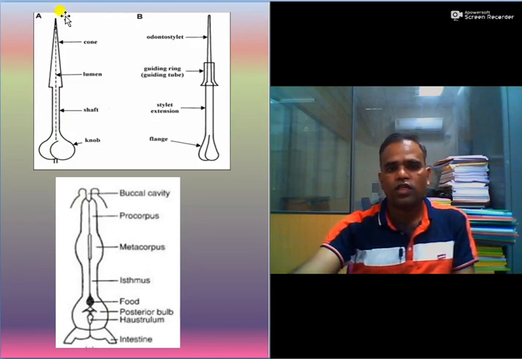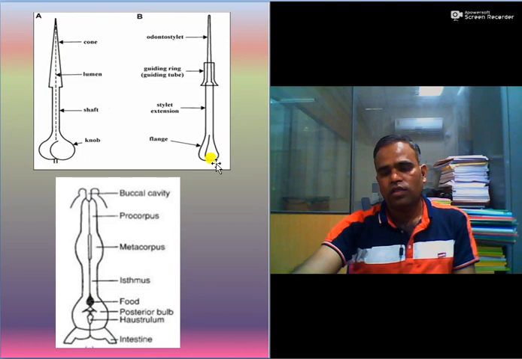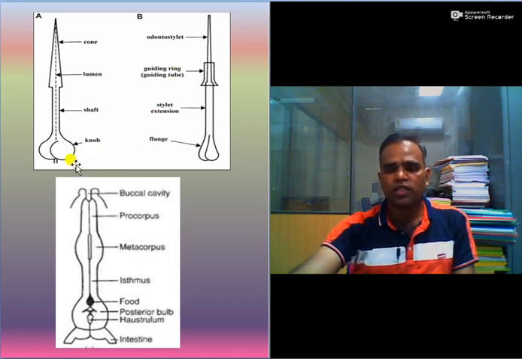So this is the stylet, the knobbed stylet. It is called a stomatostylet. The one which has no knob, with a flat structure, is called an odontostylet. So the stomatostylet is present in Tylenchida, whereas the odontostylet is present in the Dorylaimida group of nematodes. You must keep this point in mind.